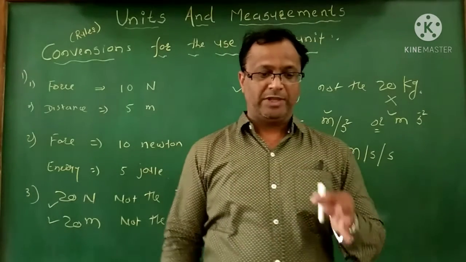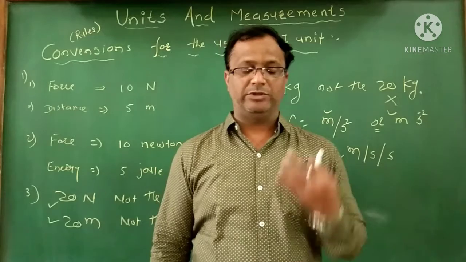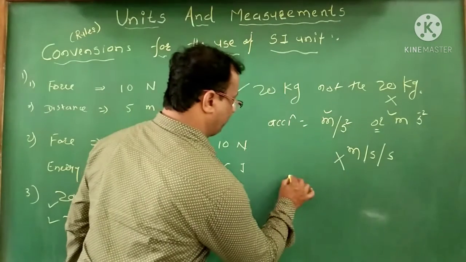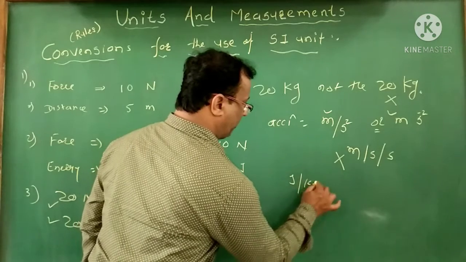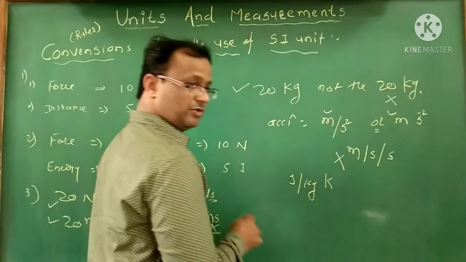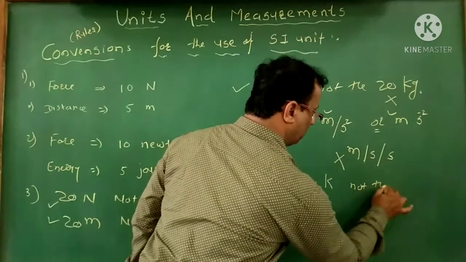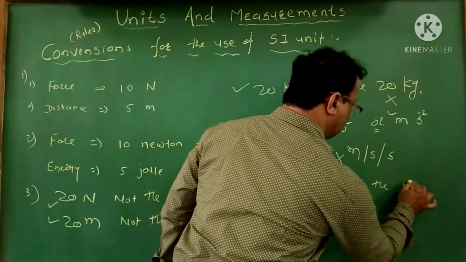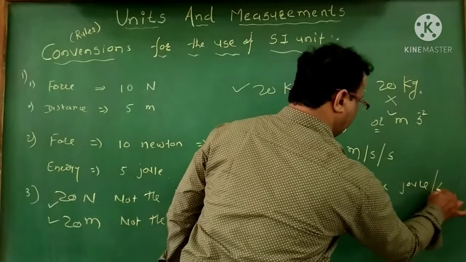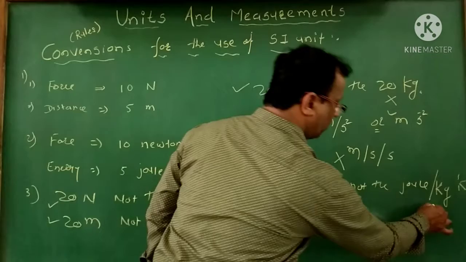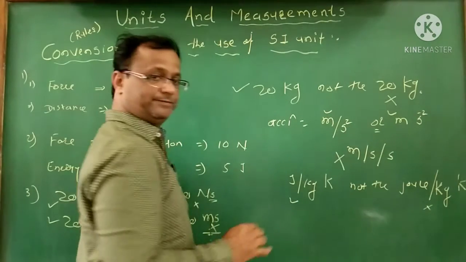For example, if we want to write down the unit joule per kg Kelvin, we write in this way, not joule, then kg, and then K. So this will be the wrong one, this will be the correct one.